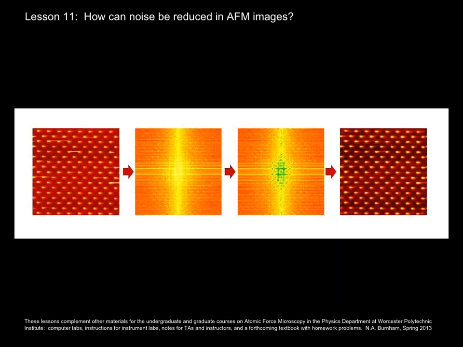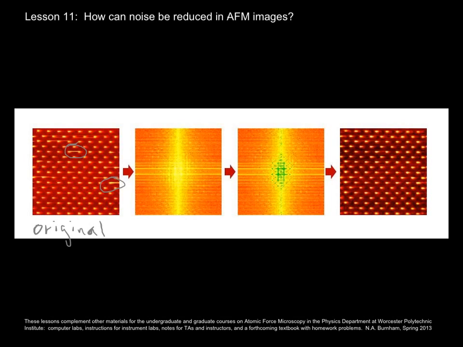Here, on the left, is our starting image, and you see there are some streaks in it. This is a delta function grating that you can use to calibrate your chip, check your calibration of your scanner, etc.